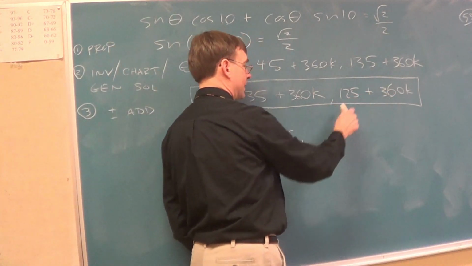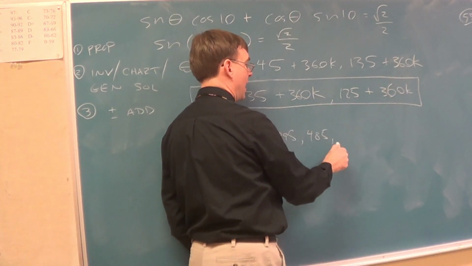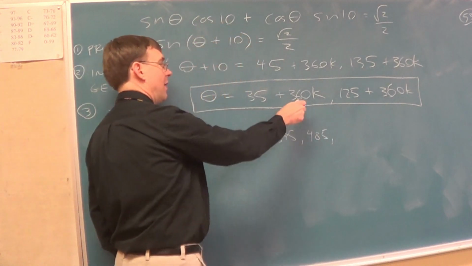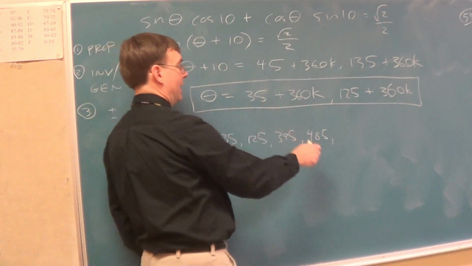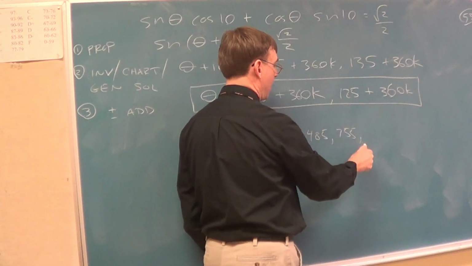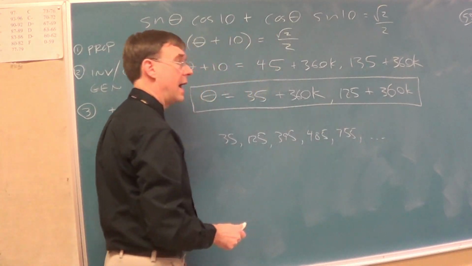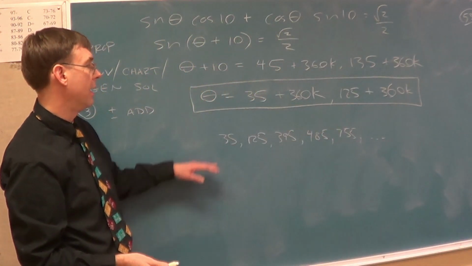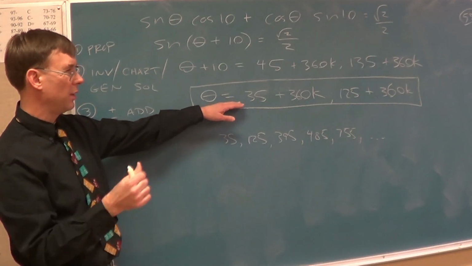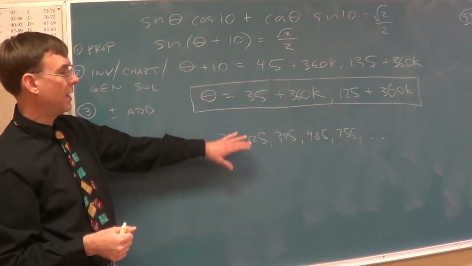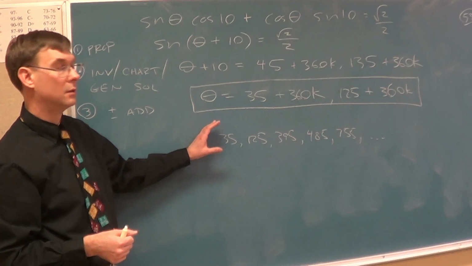If I add 360 to this to get 485, that works. If I wanted to add 360 twice to this to get 755, that works. And I could sit here all day and do that. I'm not going to sit here and do it all day. This is the only way you can really quickly describe what all the answers look like without making an endless list.